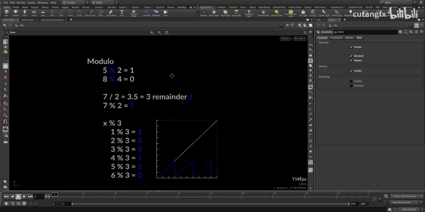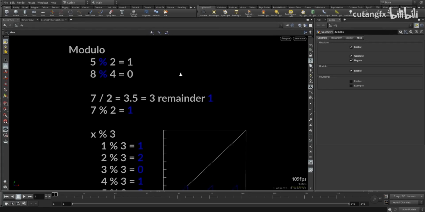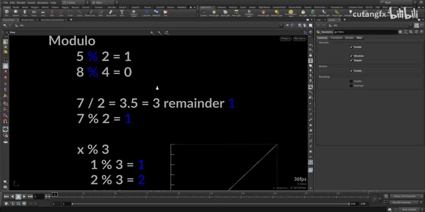Okay, so this is the modulus of a number, right? If we take 5 modulus 2, it gives us 1. And 8 modulus 4 gives us 0. Now what is actually happening here? Right, so let's examine that.